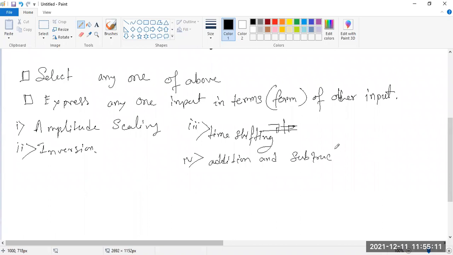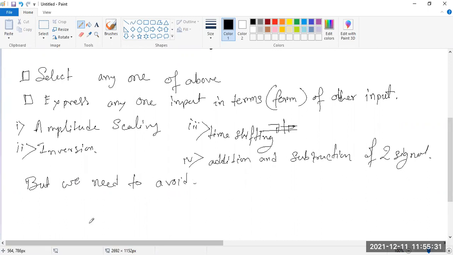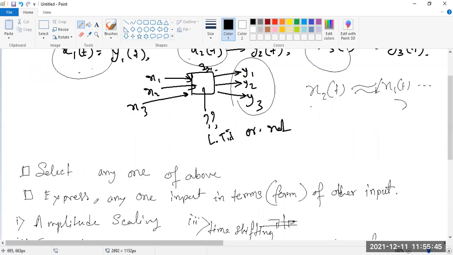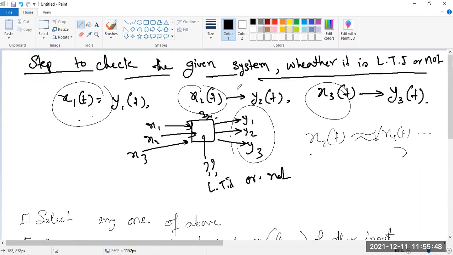Our motto is the same in both cases. But we need to avoid modulus, and we need to emphasize this section only: x square, x cube, this type of terms. If I perform this, then we can verify whether this system is LTI or not.